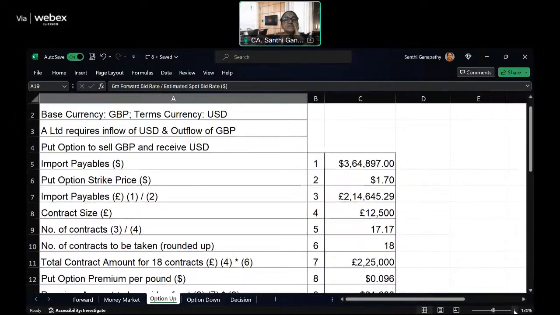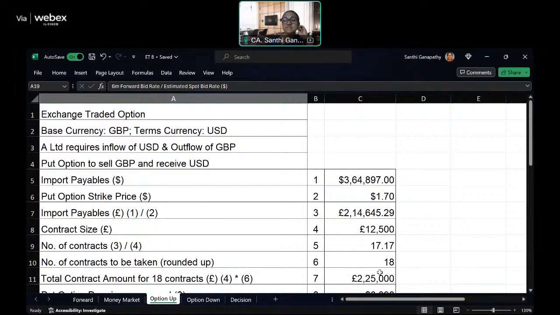What is the base currency? GBP. What is the terms currency? USD. They require an inflow of USD and outflow of GBP. So make it a put option to sell GBP and receive USD.